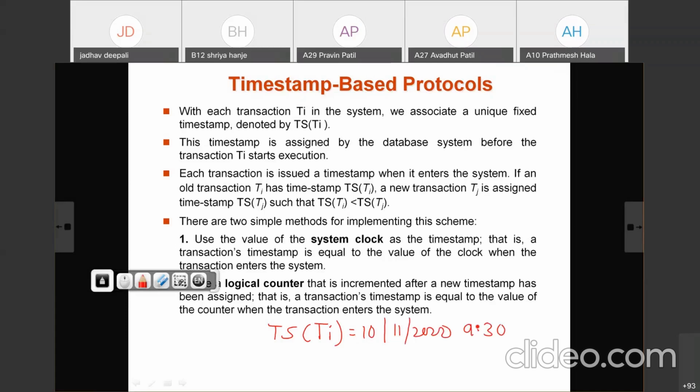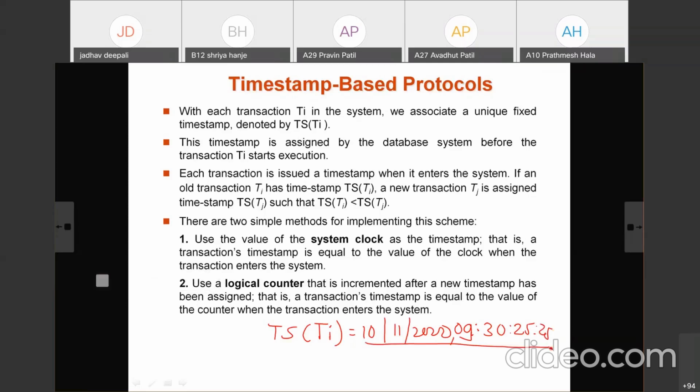How to assign this timestamp? There are two methods. One method is to use the value of the system clock as the timestamp. When the transaction enters the system, whatever the system clock shows at that time is assigned.